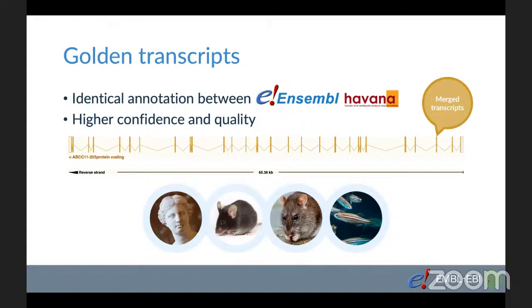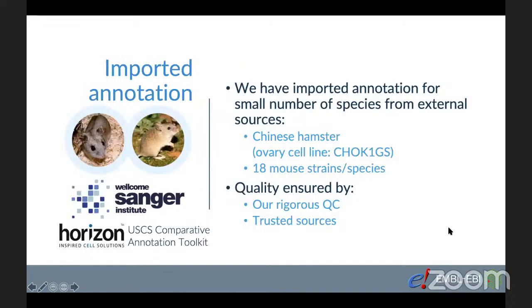And if that's the case, we then give them this golden color, which indicates higher confidence and quality of those transcripts. And for a few rare cases, we also import our annotation from external sources, but we don't import it blindly. We also apply our rigorous QC and we make sure we import them from trusted sources.